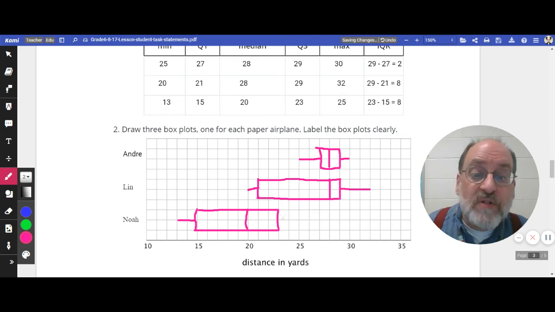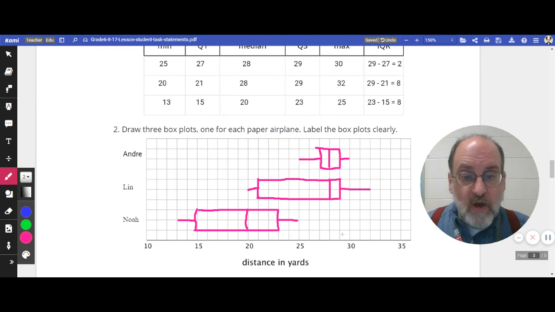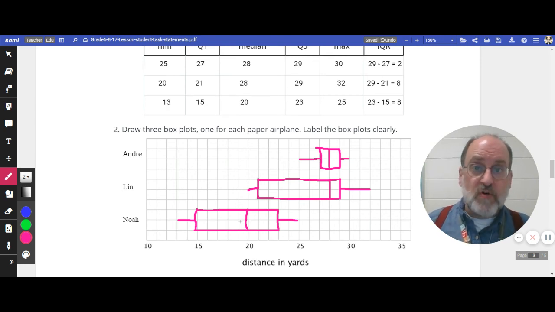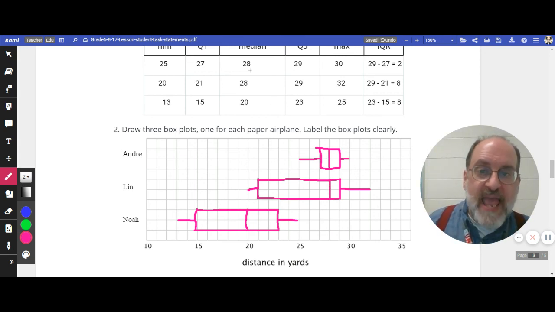And the max is at 25. One of the things that's definitely true when I look at this is that Noah's paper airplanes traveled nowhere near as far as Lynn's and Andre's. Both Andre and Lynn had a typical length of 28 yards. That was the median for both of those, but Noah's paper airplane did nowhere near as good as those.